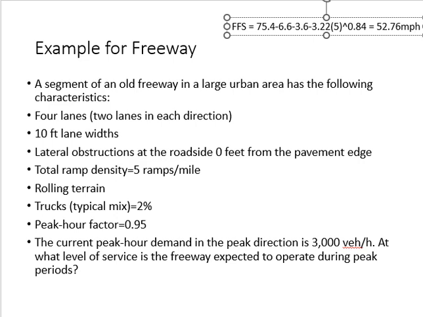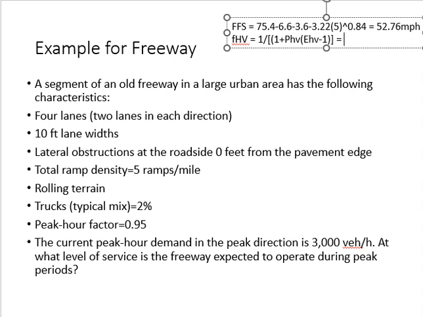The next step is to find out the factor for heavy vehicles. The factor for heavy vehicles, FHV, is 1 divided by. PHV is the percentage of heavy vehicles, right? Which is 0.0.